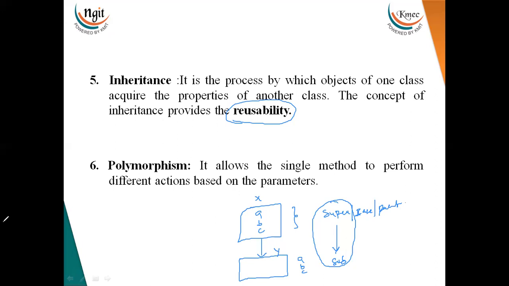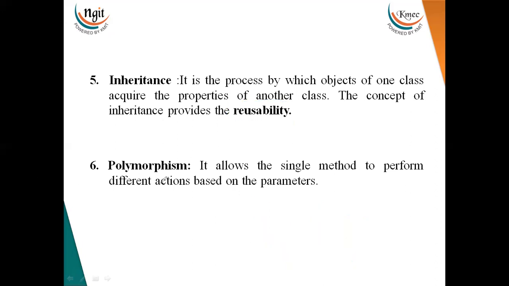And coming to polymorphism. So, sir, what is this polymorphism? How are we going to implement it? Beta, poly means many, morphism means forms. Basically, if one thing exists in many forms, that is called polymorphism. But according to our technical definition, polymorphism means if one method is performing different actions, then that is called polymorphism.